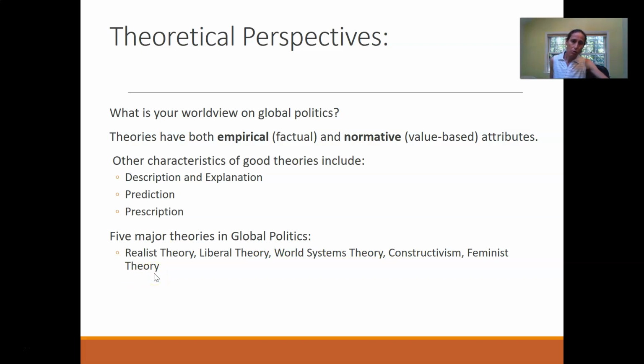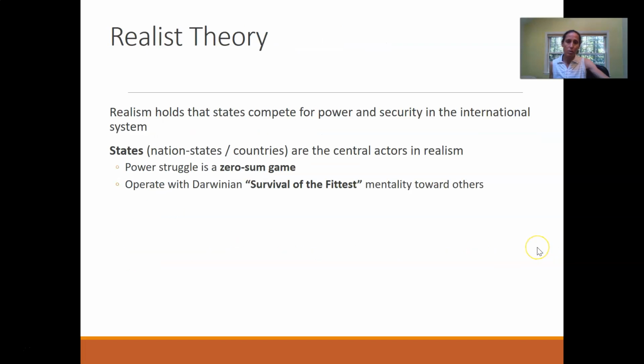Now, some of those you probably heard about in different contexts too, but it is important to remember that each one of those theories has a specific kind of fine-tuning that fits international politics more than anything else that you could apply that theory for. And this is what I expect you to know and remember. Let's start with the realist theory.